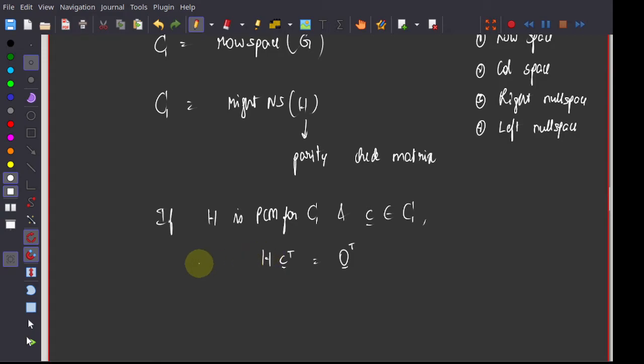What should the dimensions of H be for an (n, k) linear code? How many rows, how many columns?